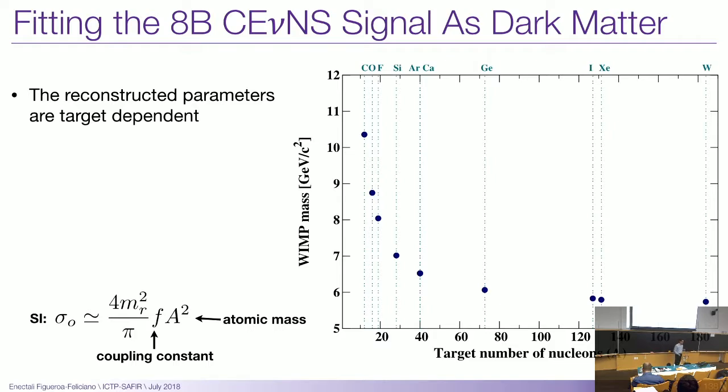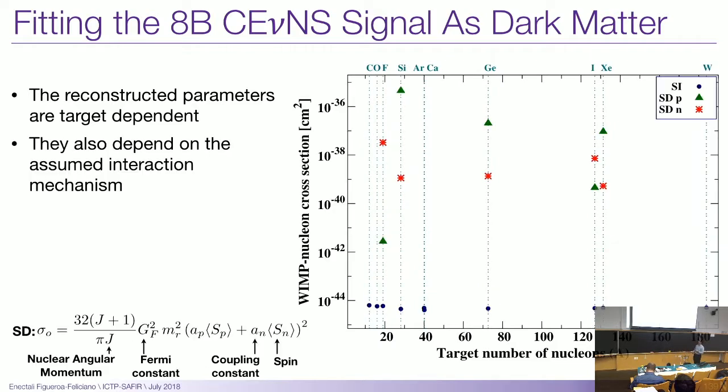quote-unquote WIMP. But maybe you are not looking for spin-independent dark matter. Maybe you're saying, instead of a spin-independent, I'm looking at a spin-dependent dark matter particle. So if you interpreted your signal as spin-dependent dark matter and tried to reconstruct it, you would get a very different cross-section.